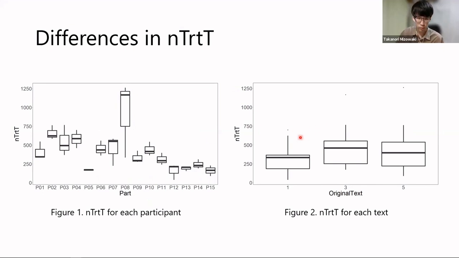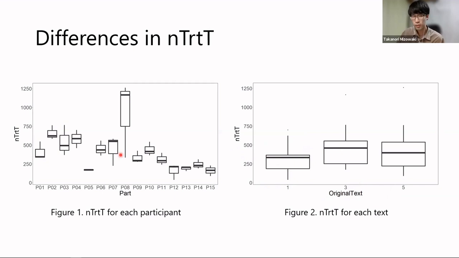Figure 2 is a box plot showing NTRTT, cognitive effort, for each text. The variable name, original text, on the x-axis refers to the text number: text 1, text 3, and text 5. These figures also show that reading time differs among the texts.